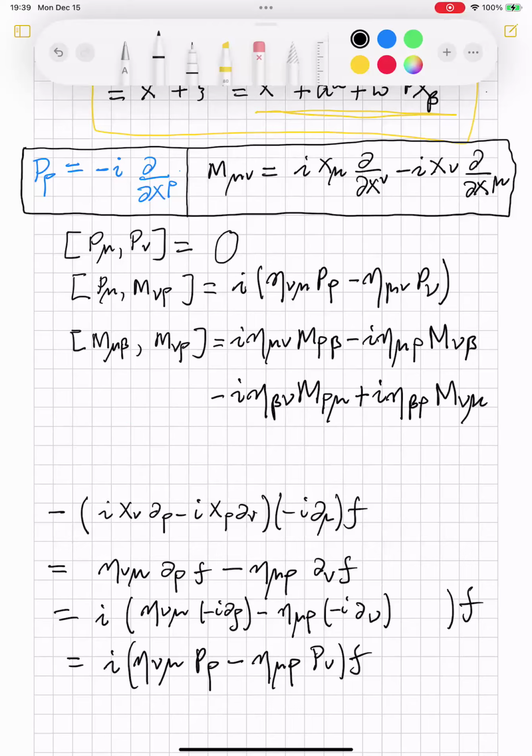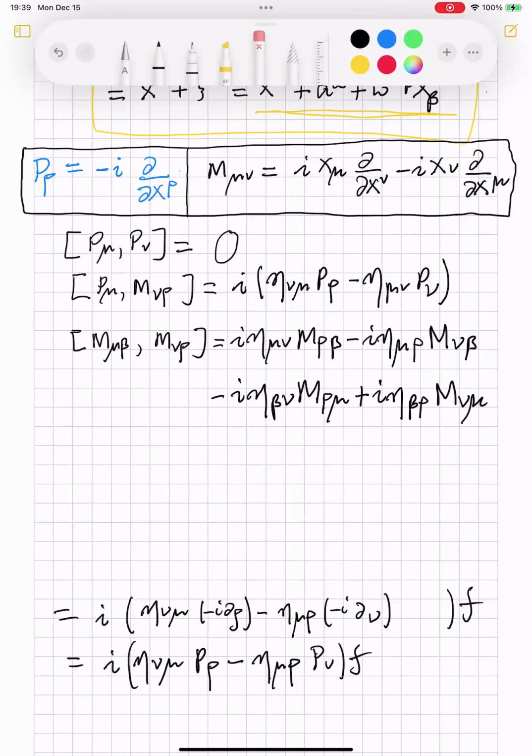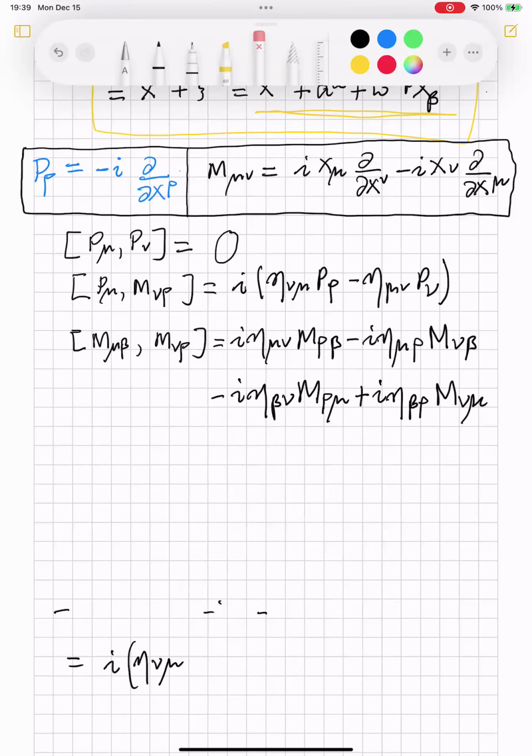Now, when you see an answer like this, you should be able to do at least a few checks immediately. So what kind of checks can we do of this? Well, if we look at our expression for m mu nu in the black box just sitting above this computation, you can see that it's antisymmetric under swapping mu and nu. So the right-hand side of this commutator should be antisymmetric under swapping mu and beta, and antisymmetric under swapping nu and rho.